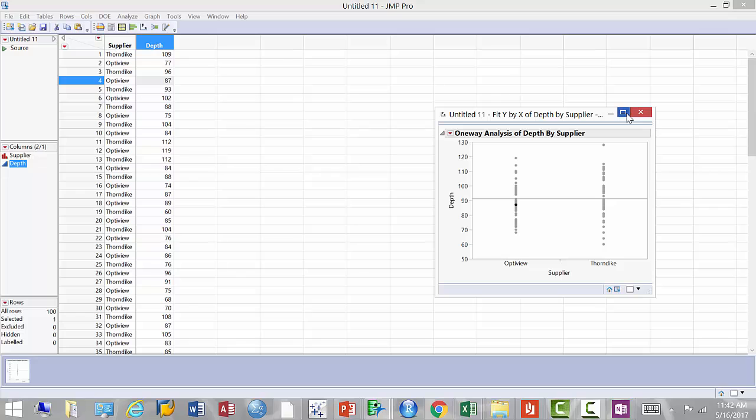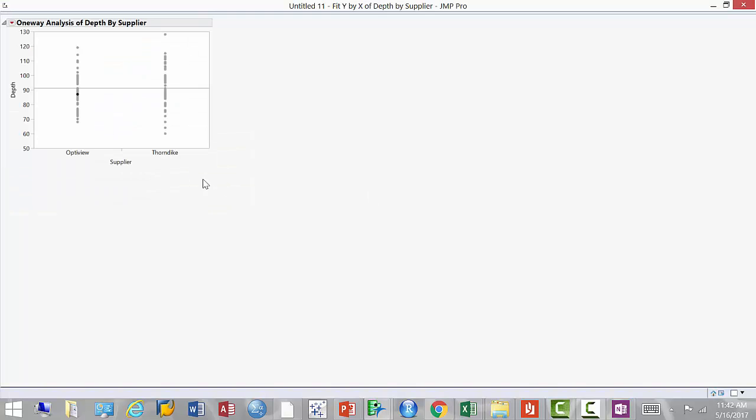And all it does right now is plot for me, you can see, fit y by x. That means that you have something going on horizontally, x, and something vertical. Two different variables. So it just plots a bunch of points, right? For the OptiView, you could see that the leaking depths were all over the place.